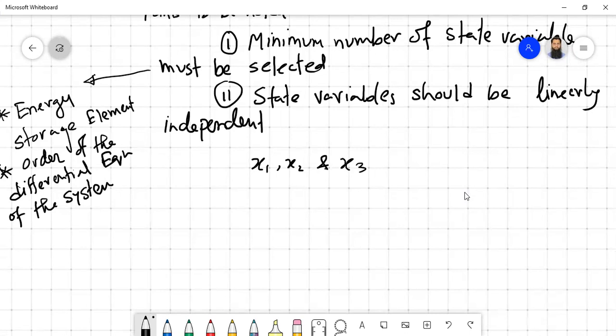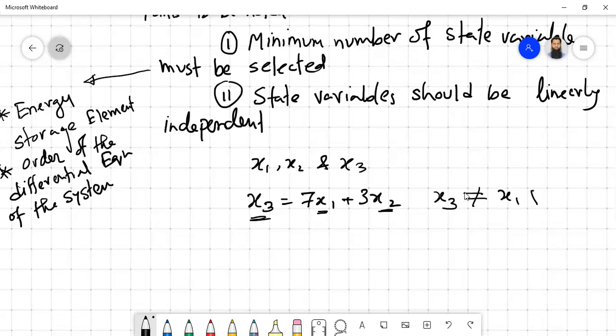Out of these 3, if we can represent one as a linear combination of the other 2, like x3 equal to 7 x1 plus 3 x2, something like this, then x3 can be expressed as a linear combination of x1 and x2. So x3 is not linearly independent of x1 and x2. This is not the actual notation, just giving you an example.